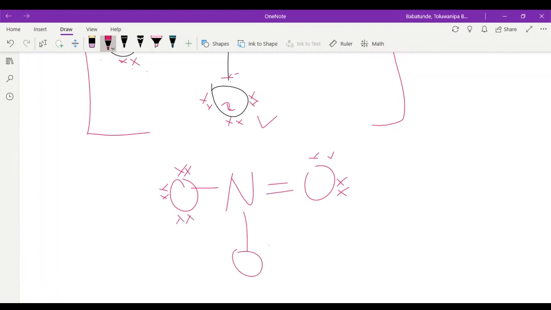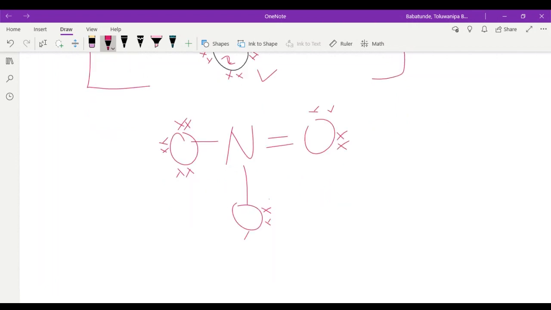We have our oxygen here, so it's 6. And do not forget to place it this way. So these are a few examples. I hope we can use this to solve as many examples as we have.